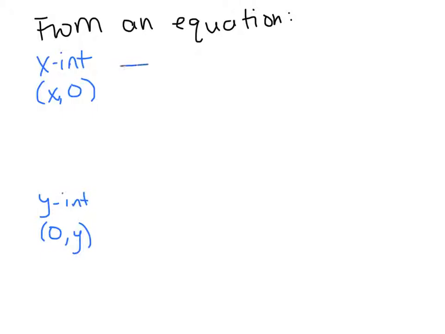The equation is a little bit harder, but we just talked about that the x-intercept is like some x value and then 0, and the y-intercept is where we have 0 and then some y value. So in an equation, I'm just going to do what this ordered pair says.